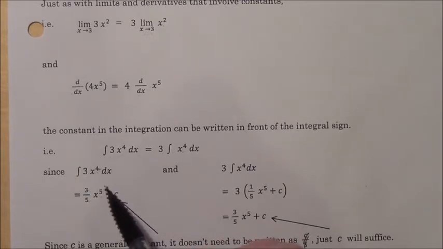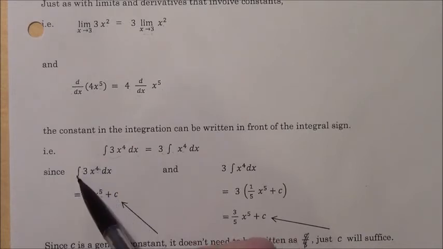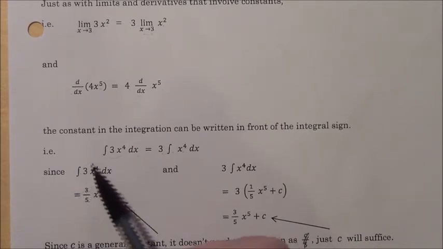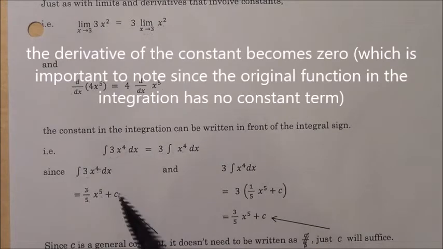If we were then to take the derivative, the 5 would come down and the 5s would cancel to leave just the 3x to the power 4. So we do that, and then we add the c, which is a constant.